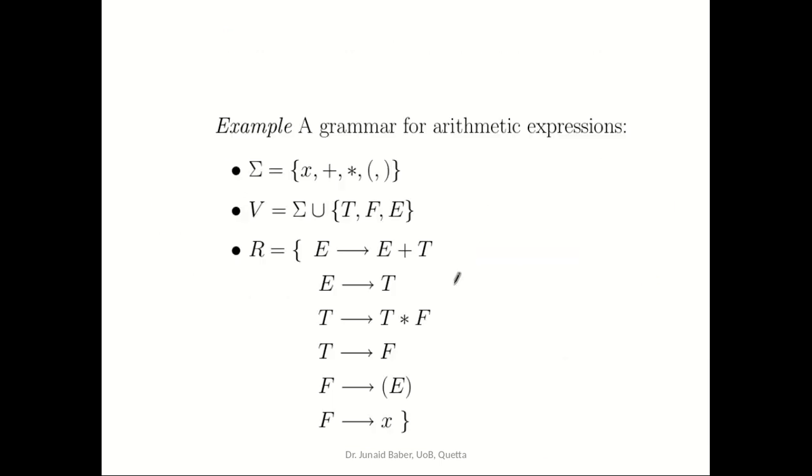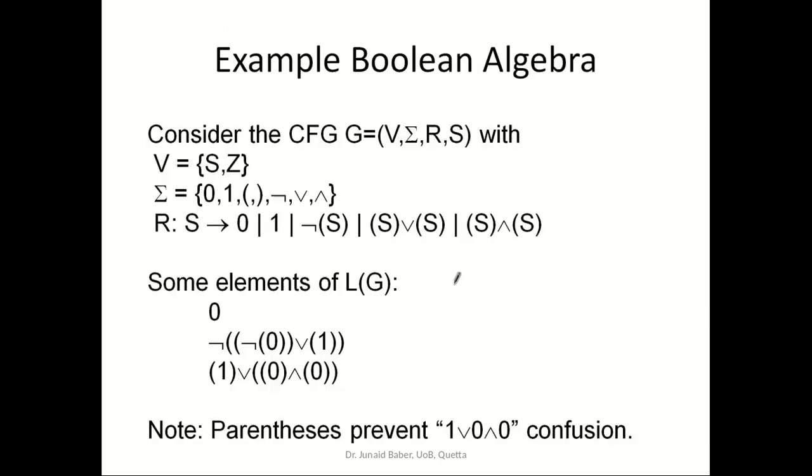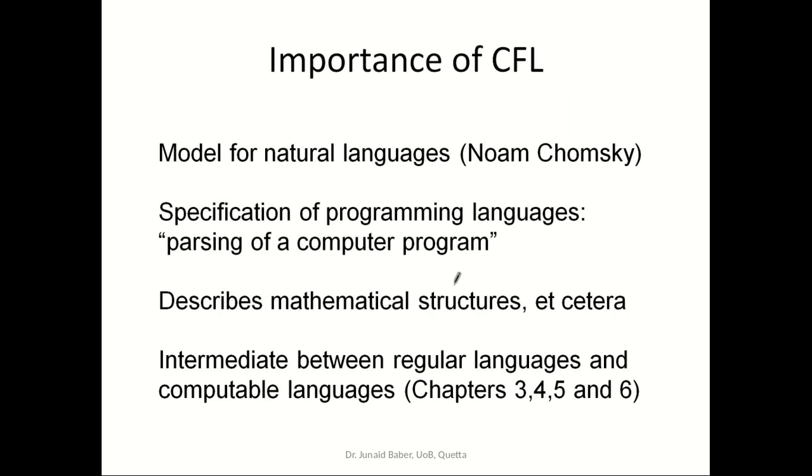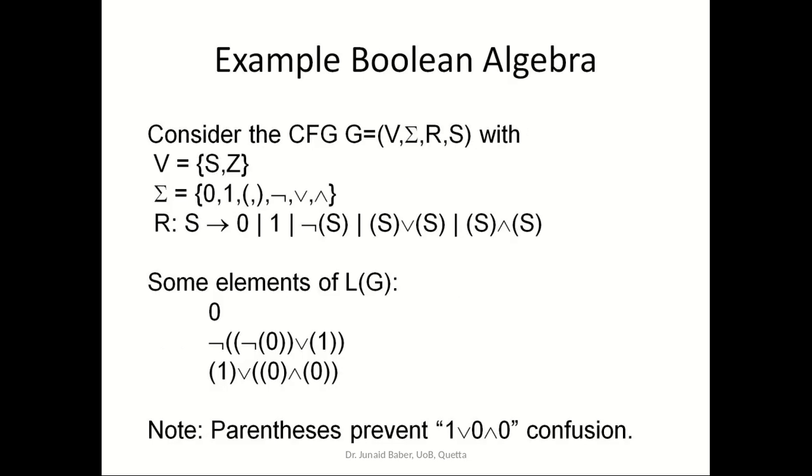So let's take a look at the importance of CFL: models for natural languages, specification of programming languages, parsing of a computer program. When you write a very long program in C or C++, those languages are parsed using context-free grammars. Another example is Boolean algebra, expressions like this you will study in advanced topics.